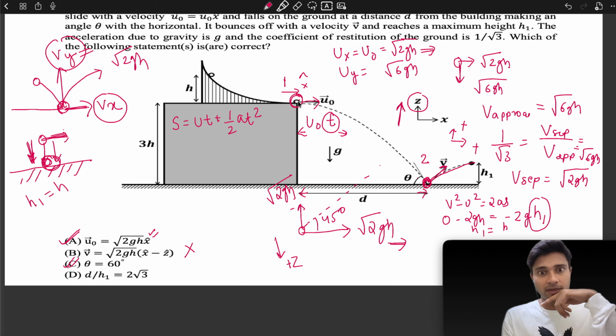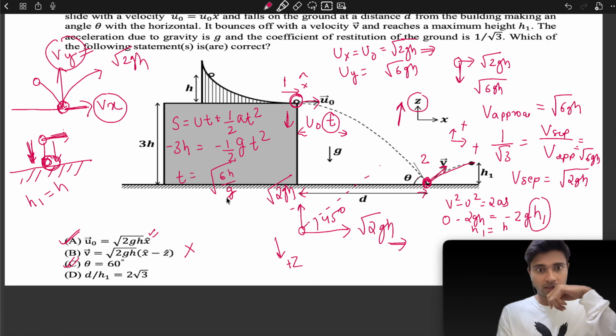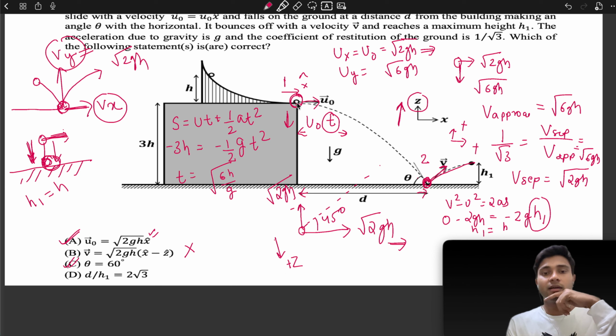Since upward direction is positive, the displacement from point 1 to point 2 in the vertical direction is minus 3h. Initial velocity was 0 in the vertical direction, and acceleration is minus g into t square. So t is root 6h by g.